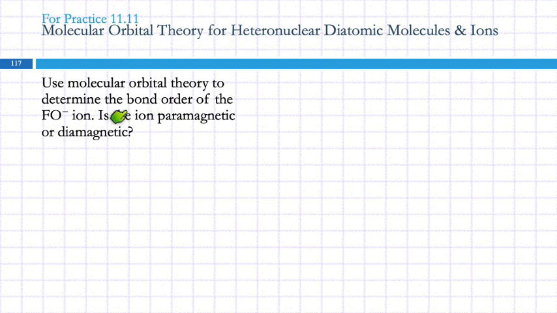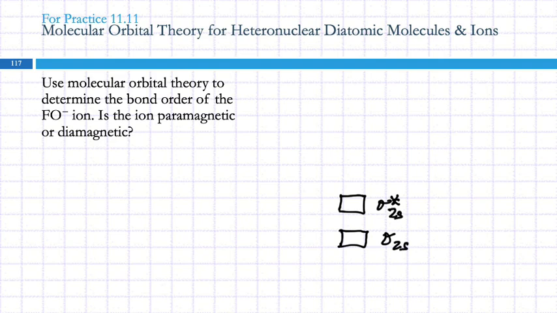Determine the bond order and is it paramagnetic or diamagnetic for FO minus. So here, unless told otherwise, we would just assume that we had nothing too crazy going on. We've got sigma 2s and sigma star 2s.